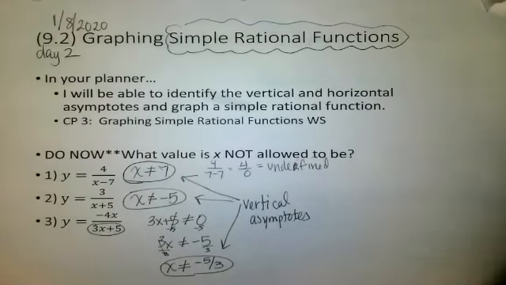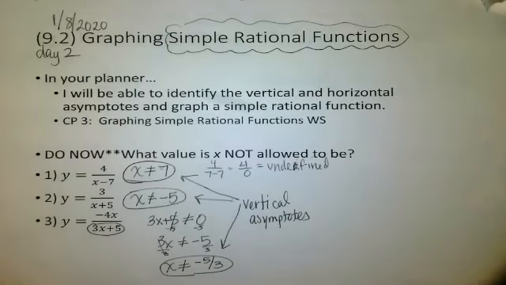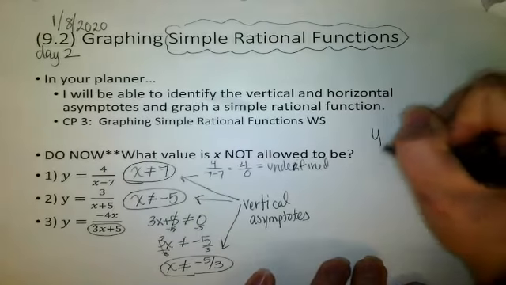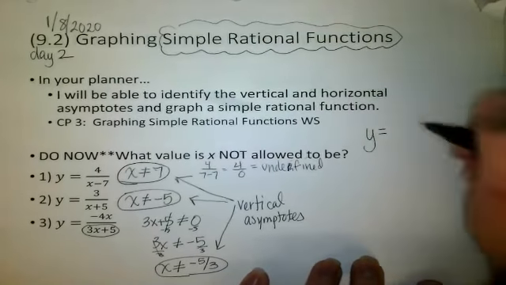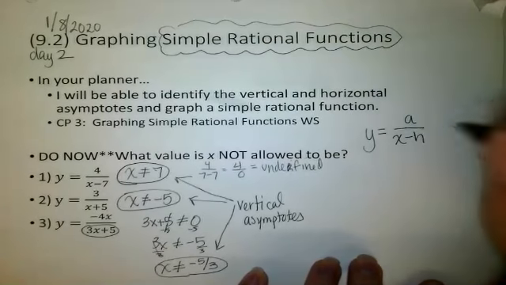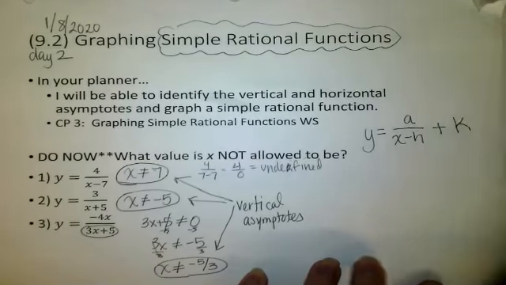Today, and by the way, when I write stuff down, you should be writing it down. That's your job right now, is to write down everything that I write down. Okay. Today, most of our functions look like this. Y equals a over x minus h plus k.